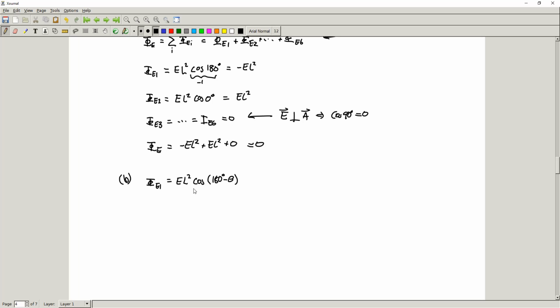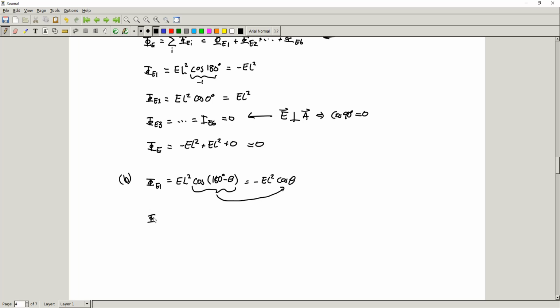But there's a trig identity. We can rewrite this. So I'm just going to rewrite it here. This is going to end up being minus EL squared cos theta, right? And we just pick up that minus sign because of this 180 degrees. Okay, so that's just the cos theta here plus this minus sign that I've pulled out.